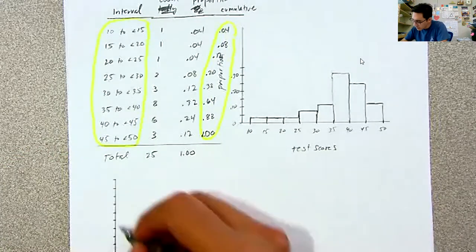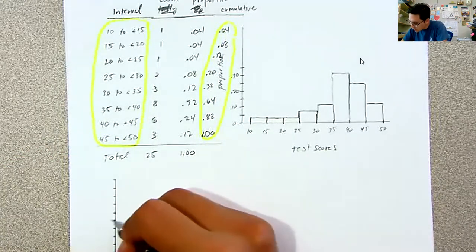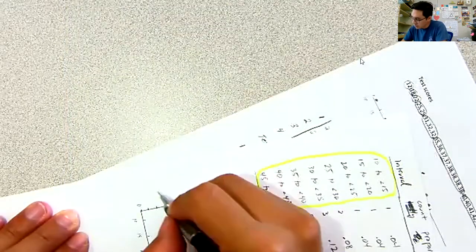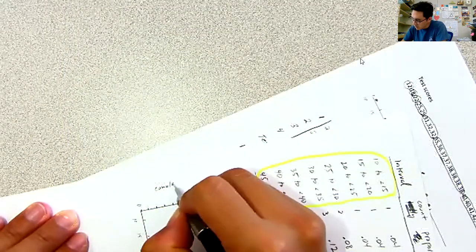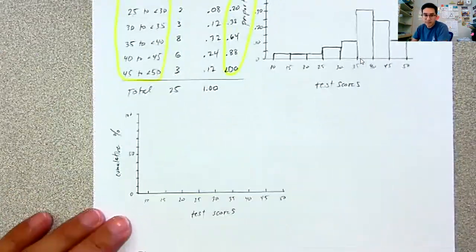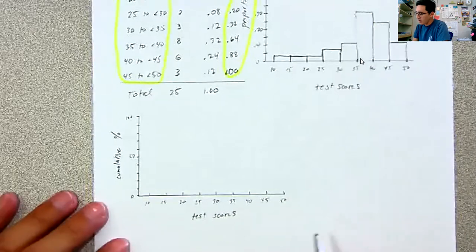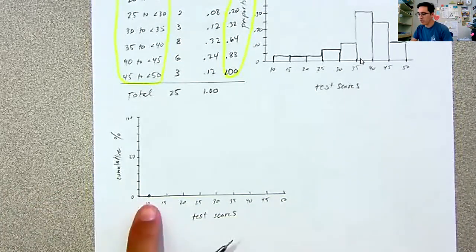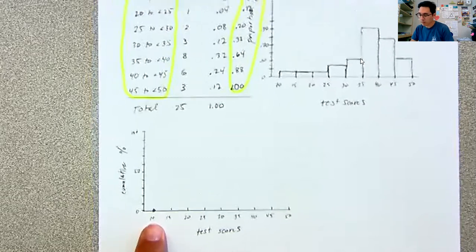Okay, so I'll just do 0, 50, and 100. And I'm just going to label this cumulative percentage. All right, so we're going to start at 0%. Nobody in the class scored less than 10 points.